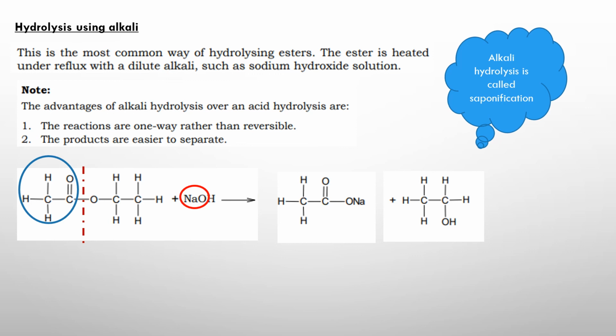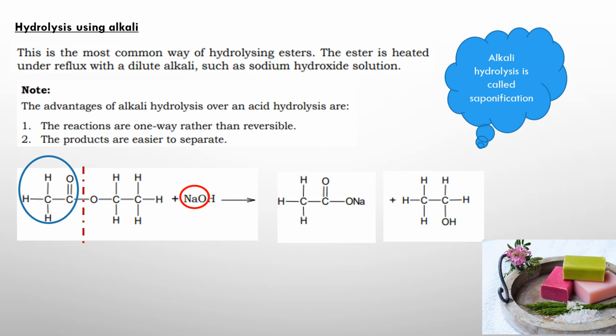When hydrolysis of an ester is carried out using an alkali, that process is known as saponification. Saponification is a process where in ancient times soap making was very much prevalent. So the word saponification actually comes from the word soap.